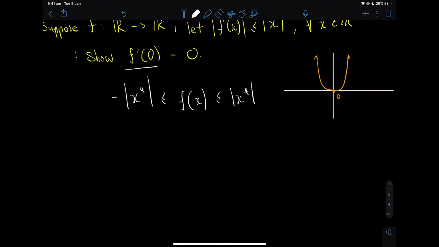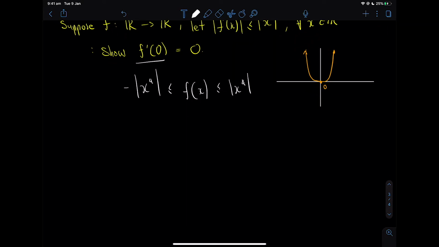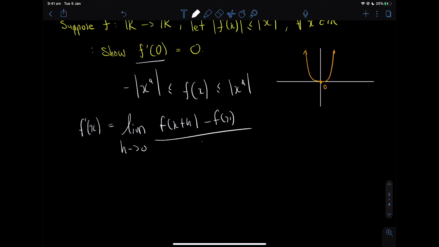So applying our first derivative, first principles of differentiation, we can apply that. We know that f dash of x is equal to the limit as h goes to 0 of f of x plus h minus f of x, all over h.